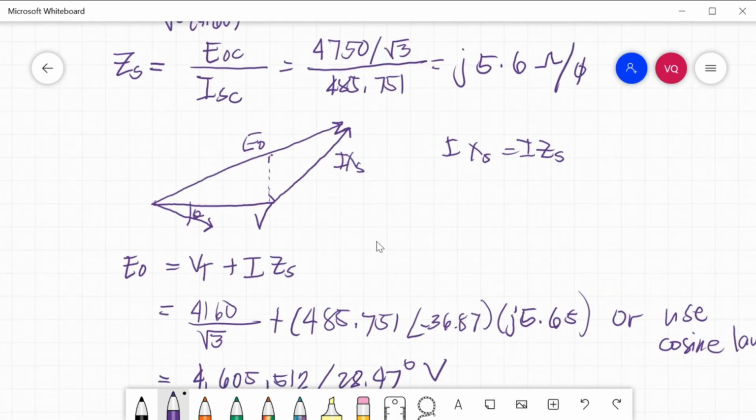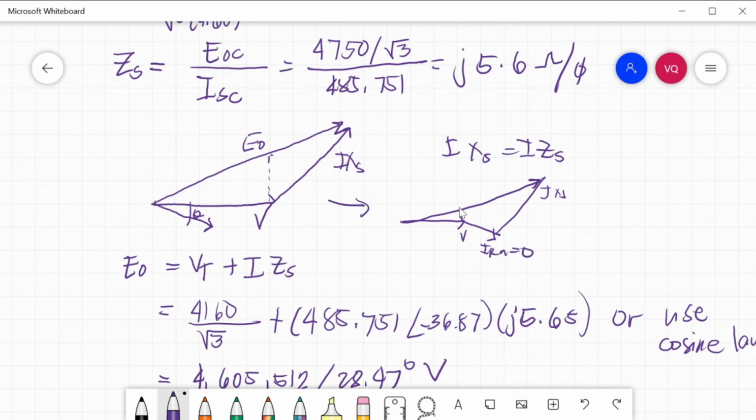We will draw the vector diagram of this. This is our terminal voltage V, and this will be the drop IXS, because the IRA drop here is neglected and is equal to 0.